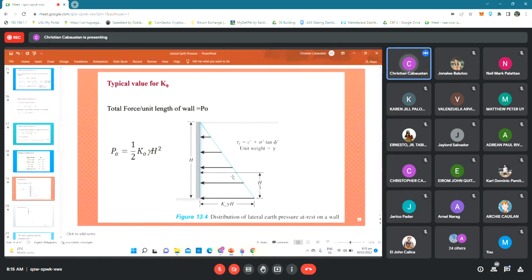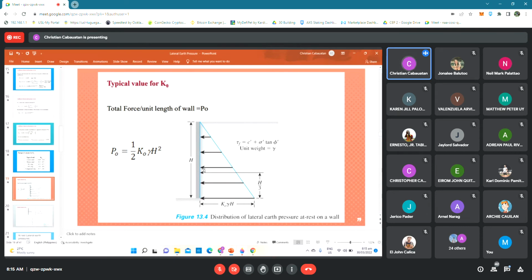Wherein you can get it by 1/2 Ko gamma H squared. Where did we get this 1/2 Ko gamma H squared? It is simply the area of your diagram. It is 1/2 base times your height. Your height is the height or depth of the retaining wall.